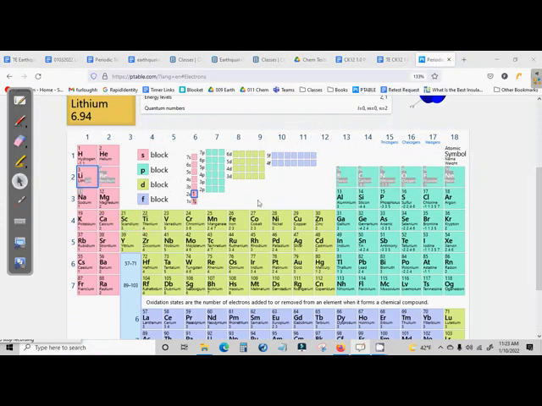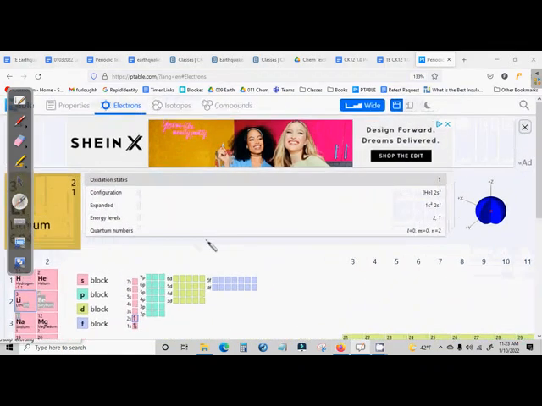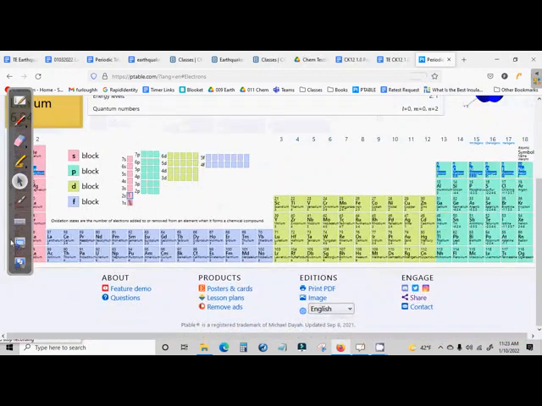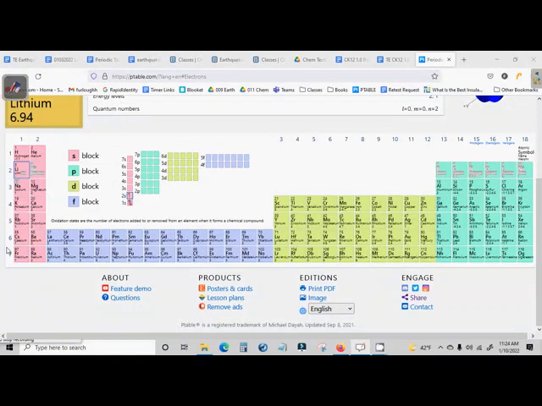And actually, if we go white here, okay, so this is 5s, this is 4d, 5p, then we have 6s, 4f, 5d, 6p, 7s, 5f, 6d, and then 7p. Okay.